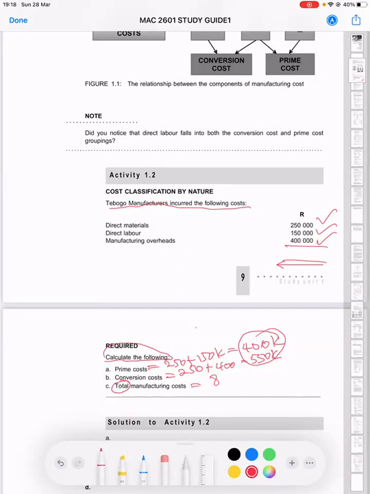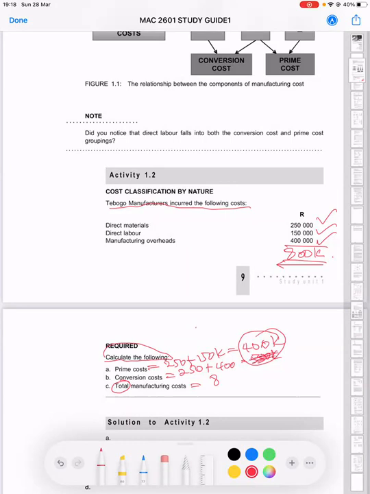800,000. So how come here, did I add incorrectly somehow? If I add D, how much am I getting? I get 800. So it means that my mates failed me somehow. Oh, this is 750.